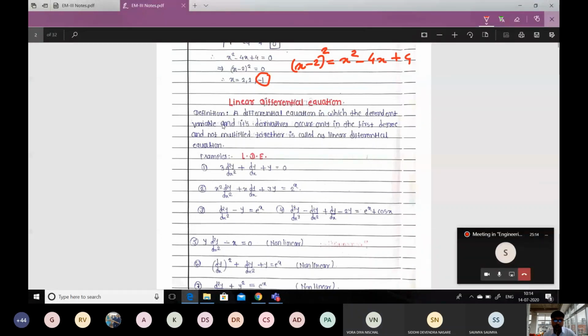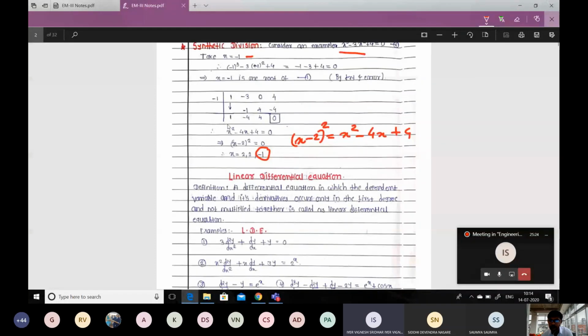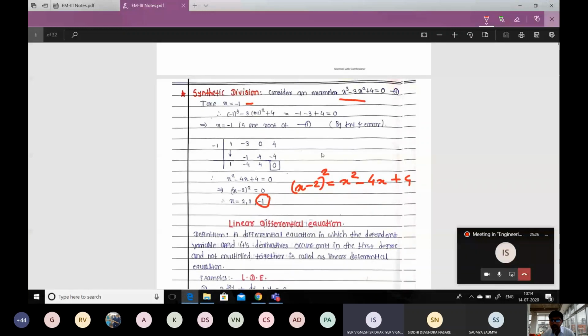Vignesh: I wanted to ask, if we increase the power of that equation, for example, if the starting power is 4, can we still use synthetic division? Yes, synthetic division is applicable to any polynomial of any degree.